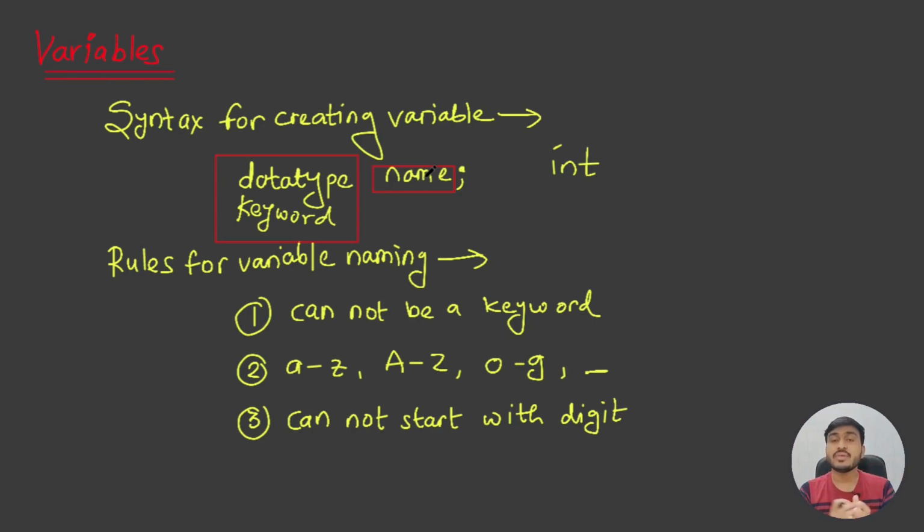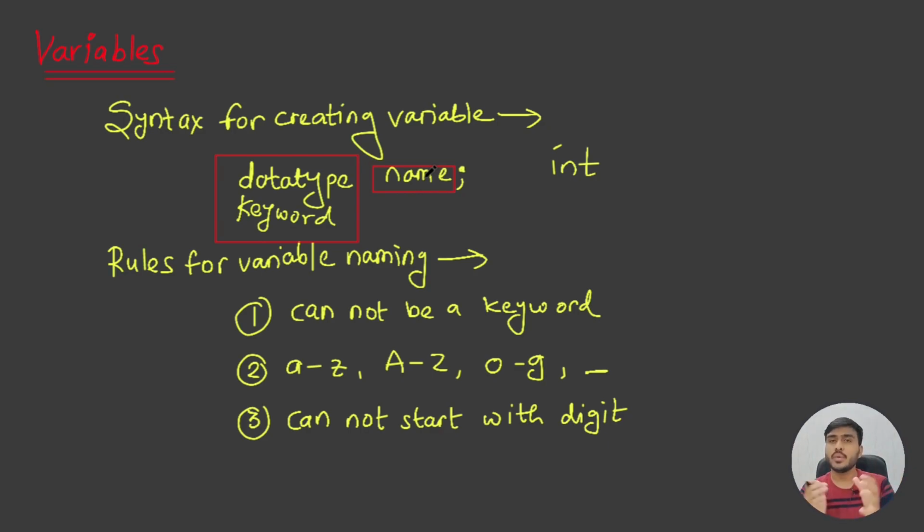So again, let's go back to our kitchen. In our kitchen we have different containers. We have containers for storing rice, we have containers for storing different things. In order to recognize what thing is present in which container, we usually put a name tag on top of that container.